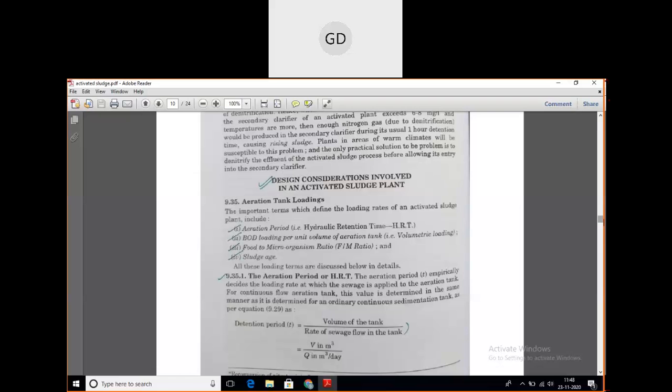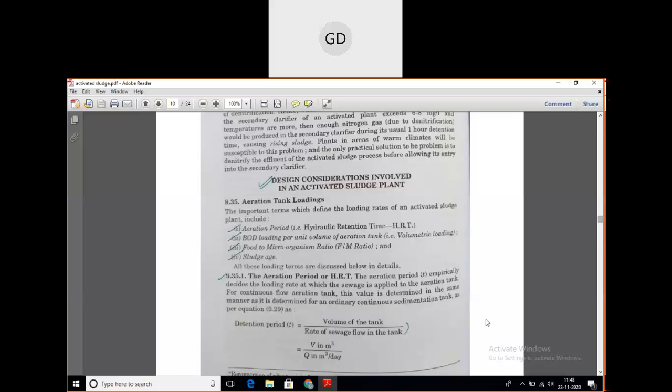Now the aeration period, or the HRT. The aeration period decides the loading rate at which the sewage is applied to the aeration tank, and it has a formula like this.